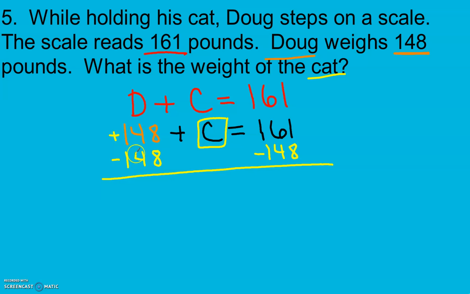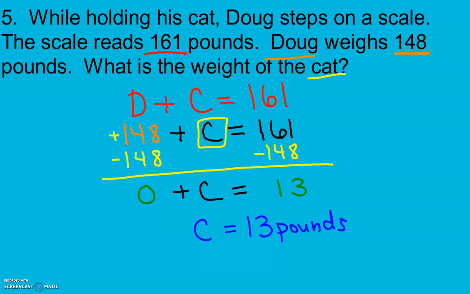When I add these up, 148 minus 148 gives me 0. I still have a positive C, so a plus C equals, and on the right side when I subtract here, I get 13. I know that anything plus 0 is itself, and I get the cat weighs 13 pounds.